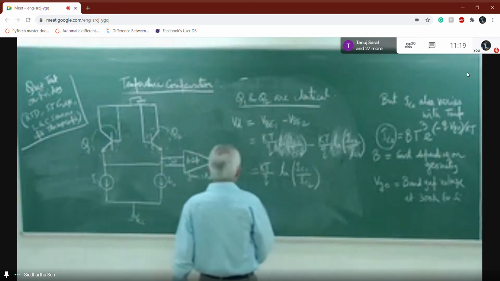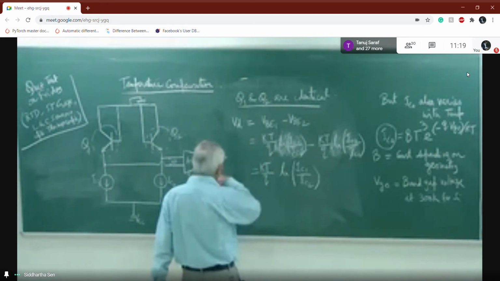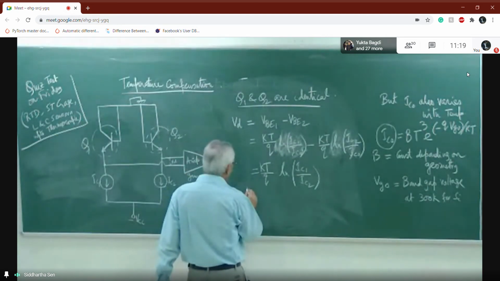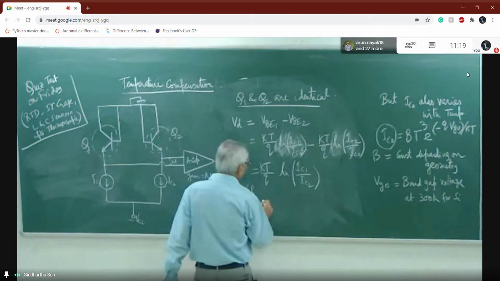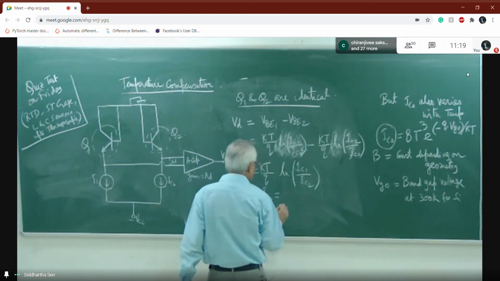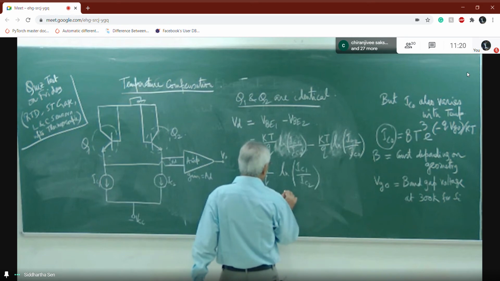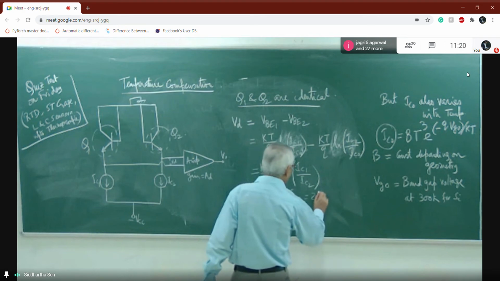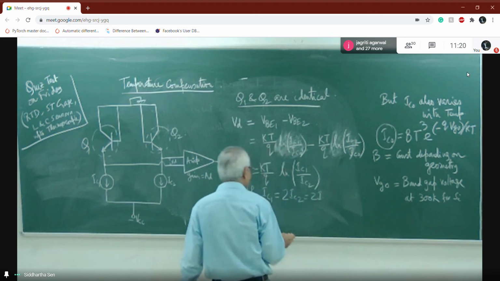So now if we make it that IC1 is equal to 2 of IC2, and this is basically 2I, like this.